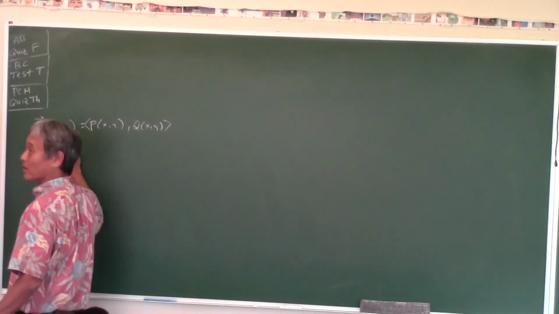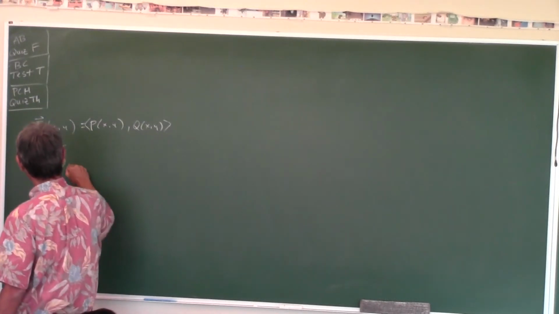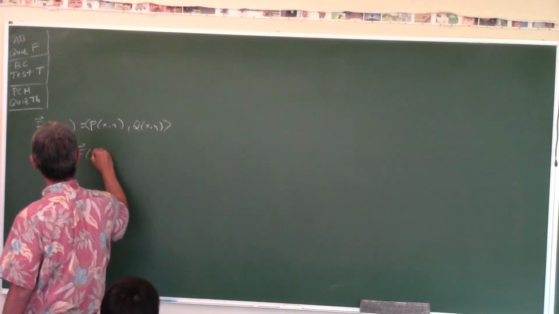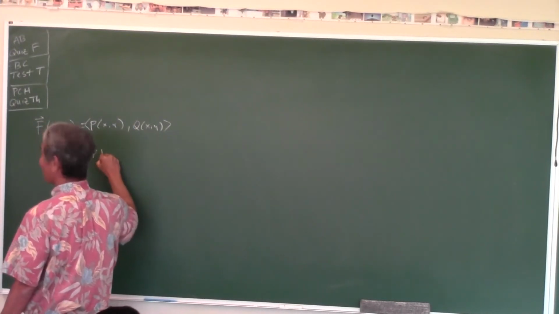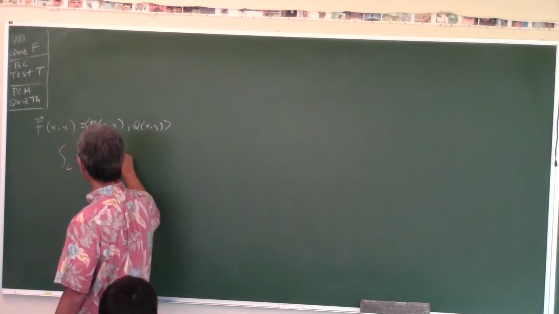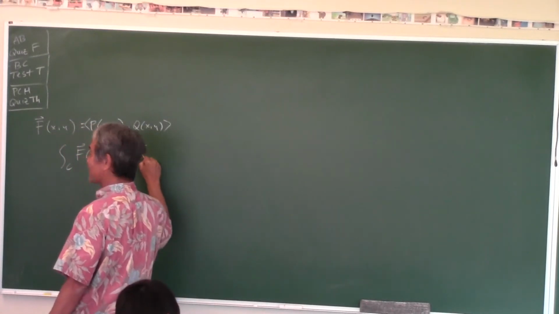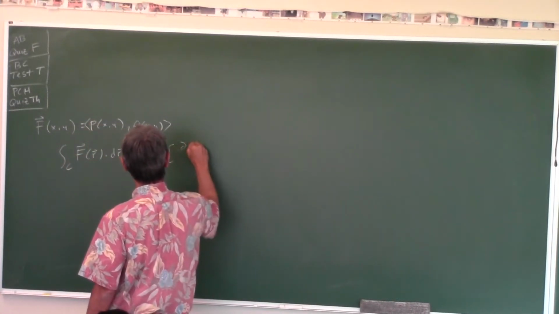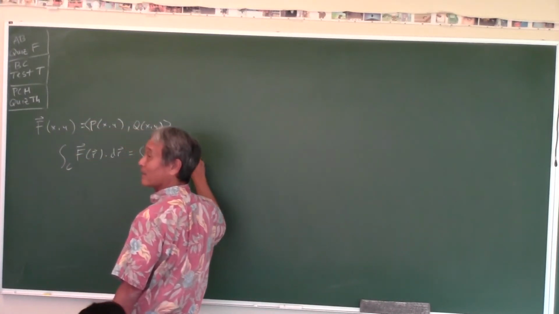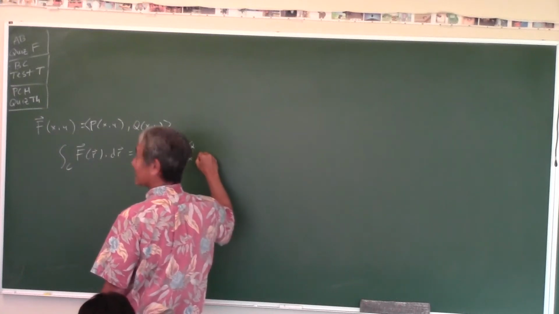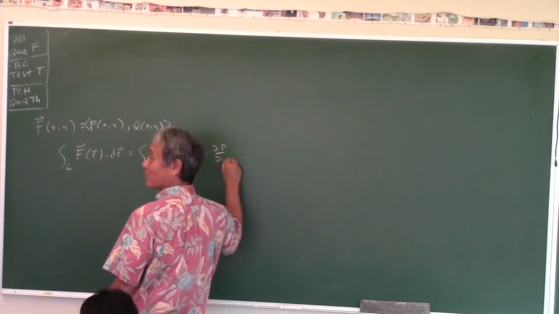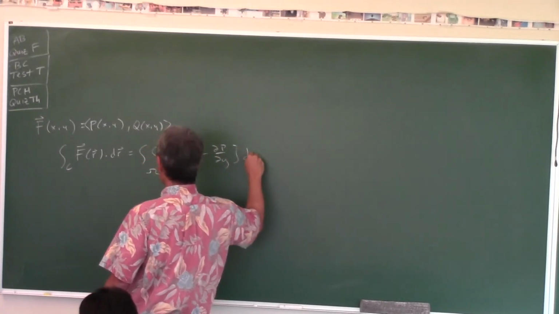Then to compute the work done, the integral over the curve of F of r of t dot dr is equal to the double integral over omega of the partial of q with respect to x minus the partial of p with respect to y dx dy.